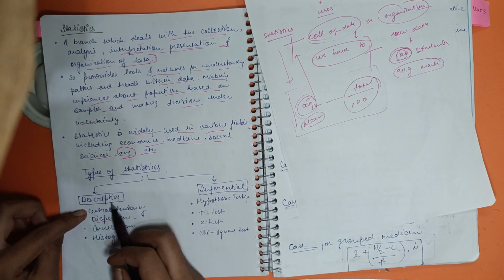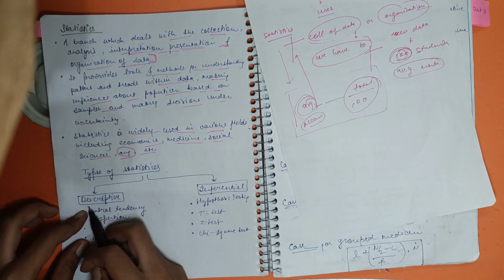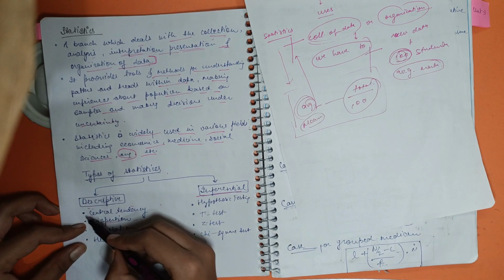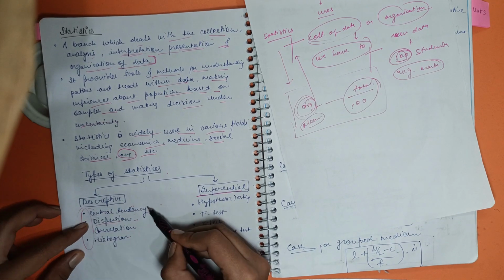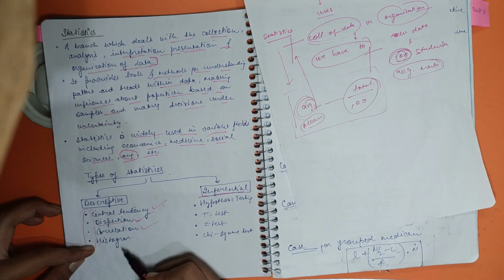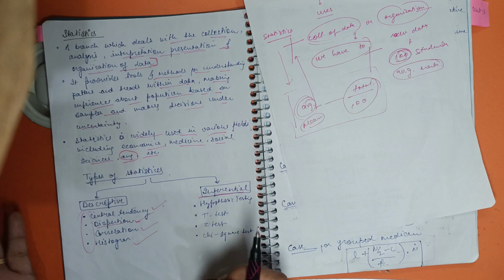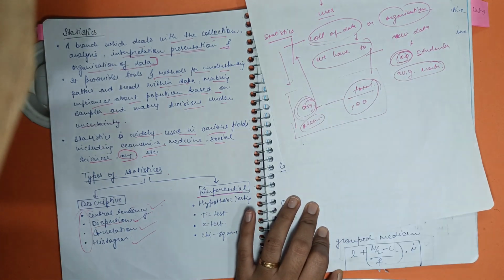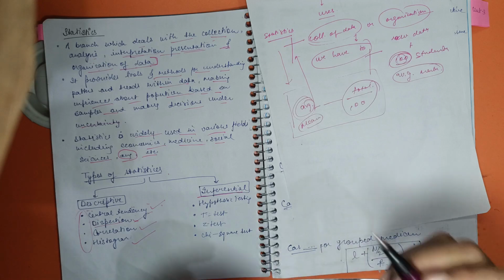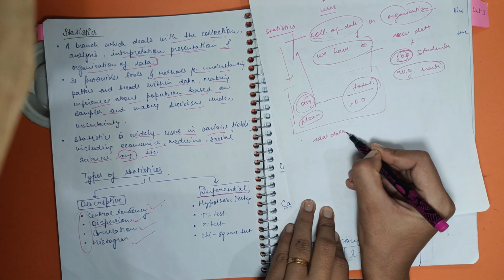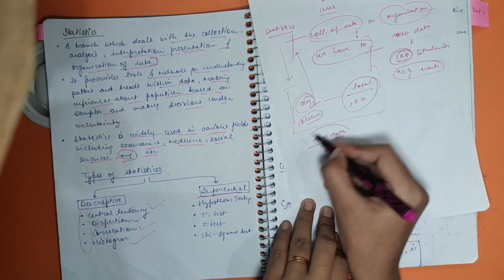Statistics is divided mainly into two types: descriptive and inferential. So what comes under descriptive? First is central tendency, dispersion, correlation, and the histogram. In simple language, we can say that descriptive statistics is that in which we have raw data, and we have to calculate from this raw data.